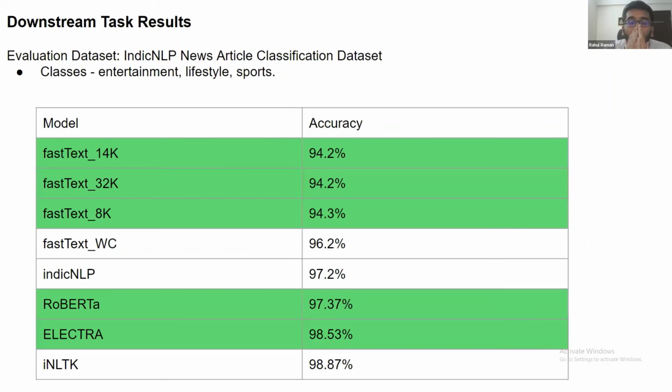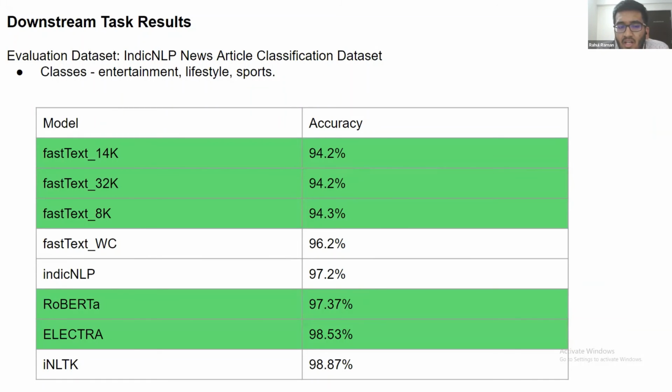Now moving on to results. The one downstream task we decided to do was the evaluation on the Indic NLP news article classification. This is a very standardized test among Indian research work. The classes are entertainment, lifestyle, and sports. We tested all our models on that, from small models like FastText all the way up to Roberta and Electra models.